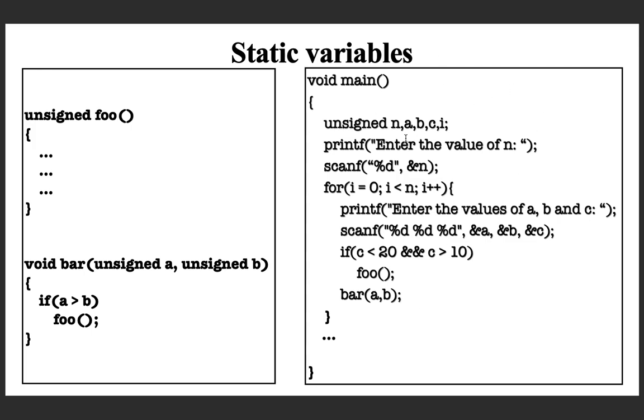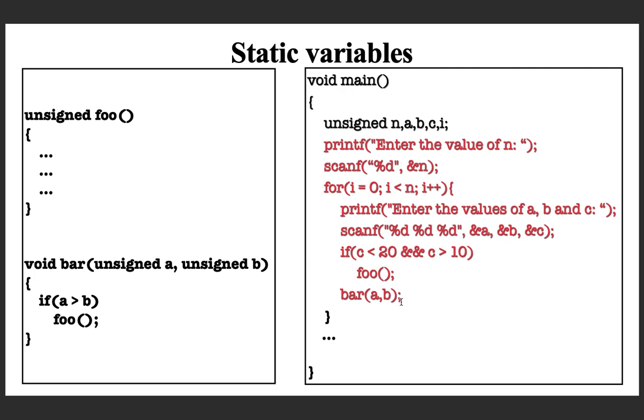If you look at the main function, first it reads a natural number N from the user, and then in a for loop, for n times from 0 to n minus 1, every time it reads three numbers a, b and c, and after reading a, b and c, based on the value of c, either the function foo or the function bar is called. So, that is what main is doing.